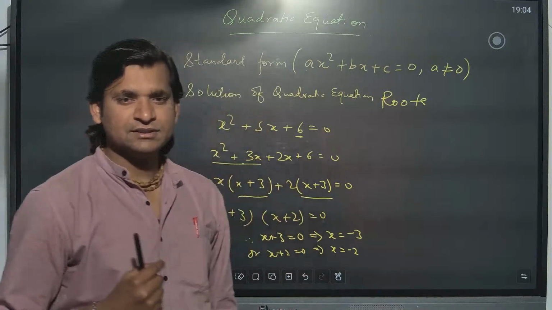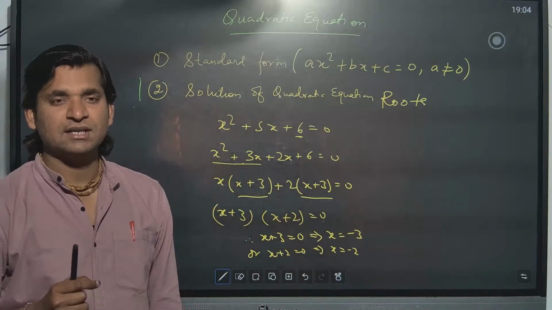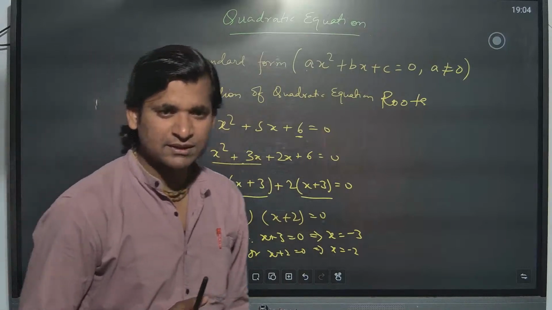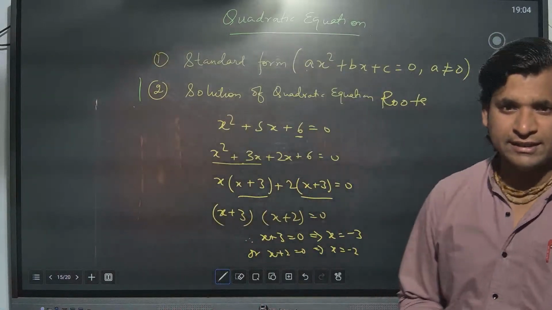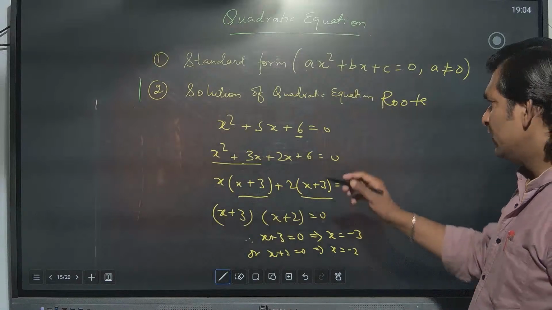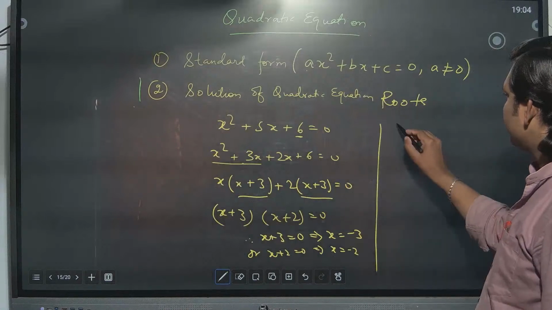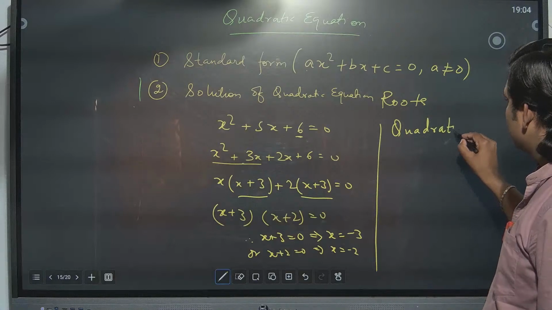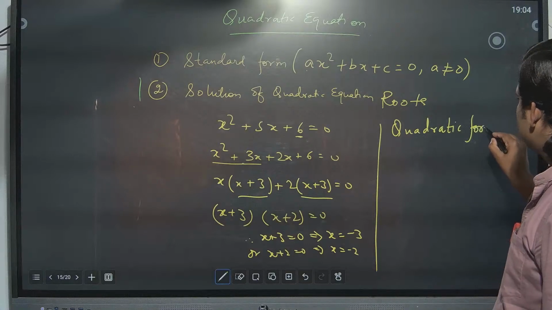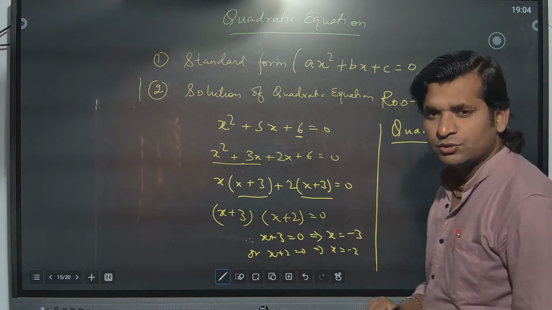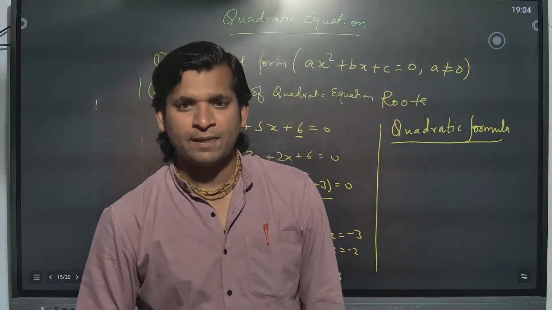Now these roots can be found in another way also. What is that way for which this chapter is known? What do we call that way to find the value of x? It is using the quadratic formula. So what is the quadratic formula?